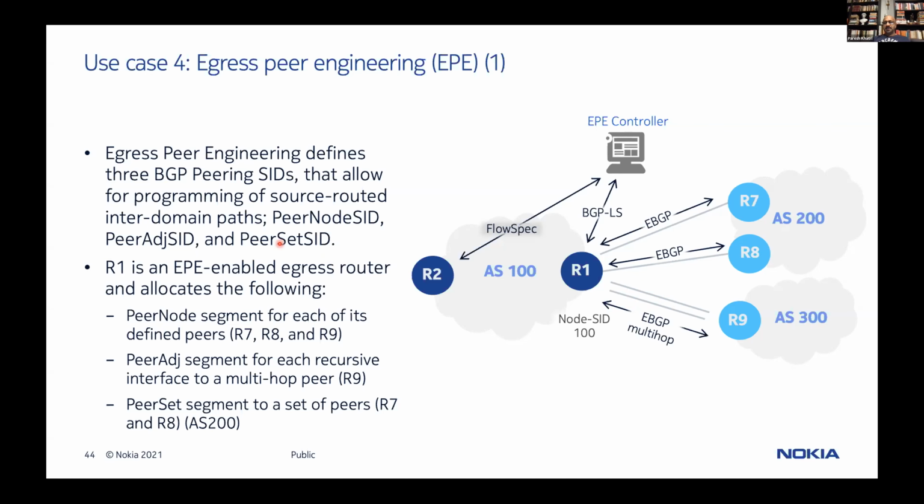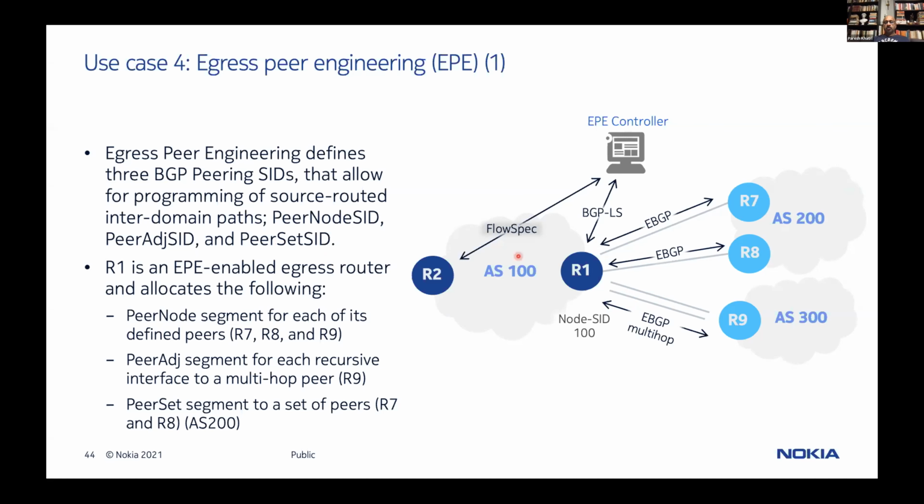And then you have a peer set SID. A peer set SID is a SID that identifies a set of peers. So for example, you can have a SID for R7 and R8, which are the two peers in AS200.